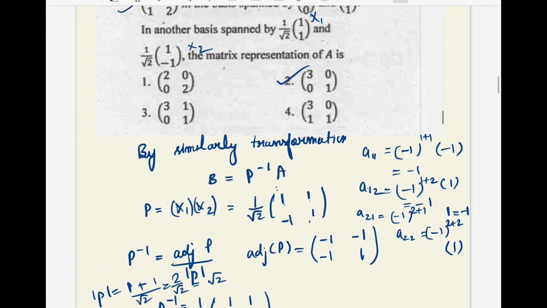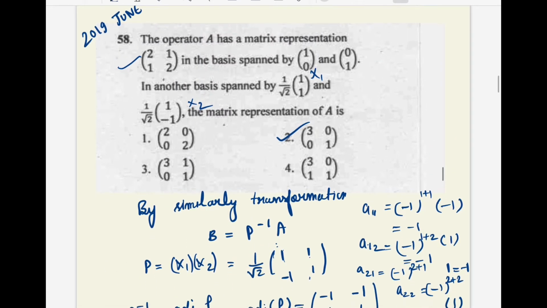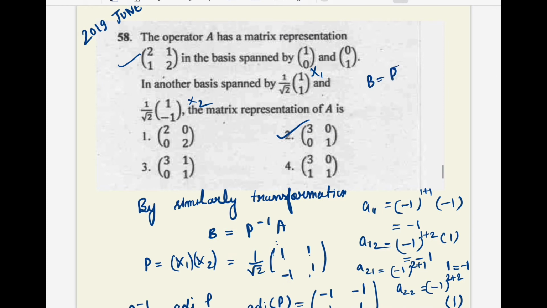Another thing which one should notice is B is equal to P inverse AP, since it is being diagonalized. So the first property of B, one should remember, you can write it down and memorize it: it should be a diagonal matrix.